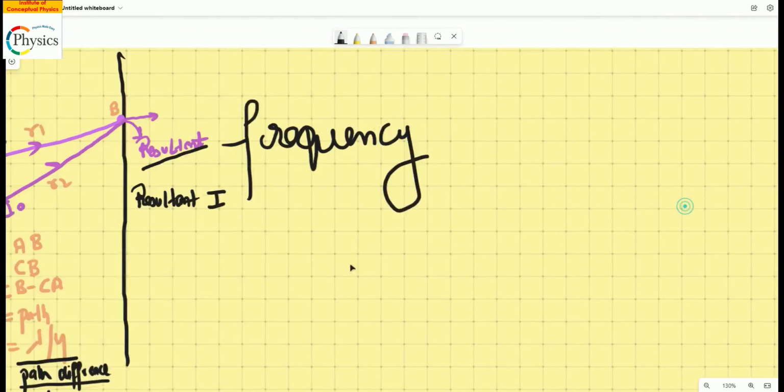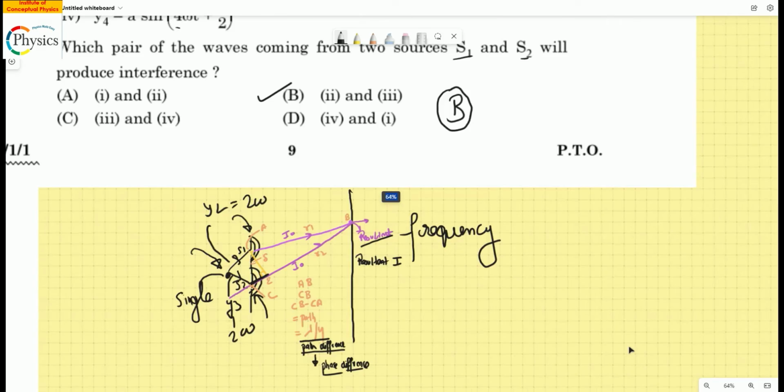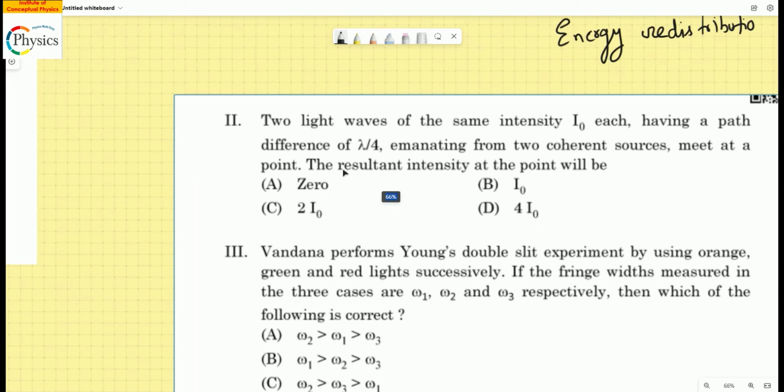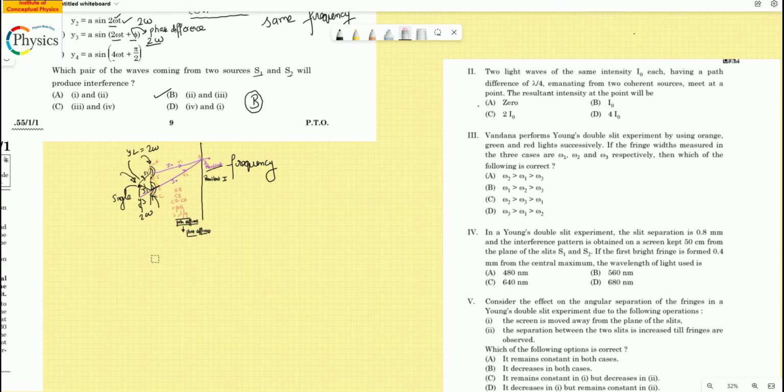Let's go back to our question and read carefully what is being asked. They are asking what the resultant intensity is if a path difference of lambda by 4 exists. So I resultant is given by 4I naught multiplied by cos square phi by 2, where I naught is the intensity of the individual wave.